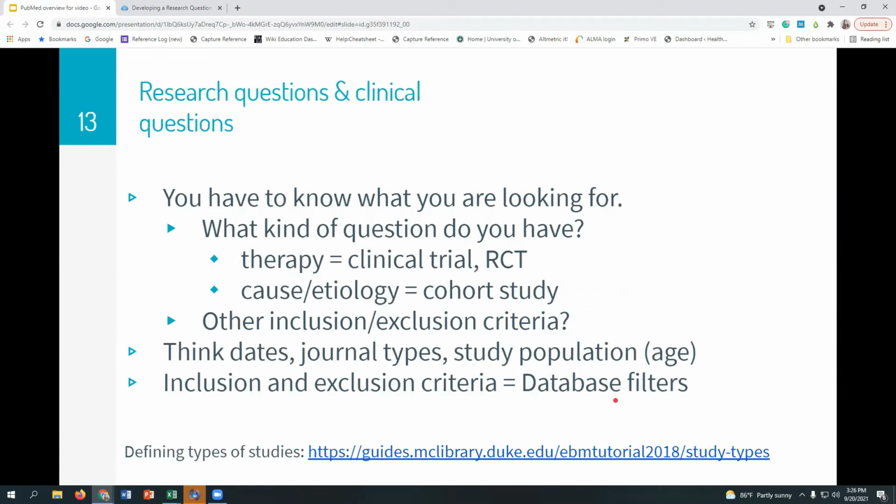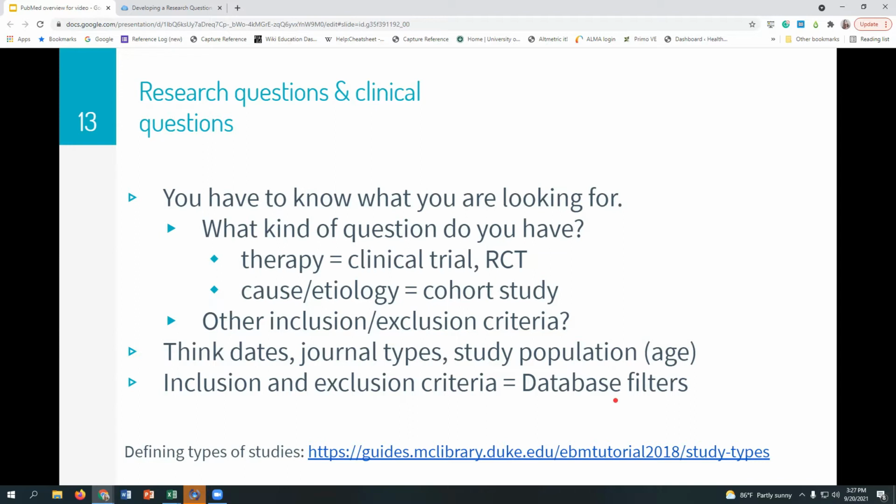And so the other thing you want to keep in mind is, it sounds obvious, but you have to know what you're looking for, what kinds of articles are going to answer your specific question. So what kind of studies are you looking for? With this particular example, it's a clinical question dealing with an actual drug.